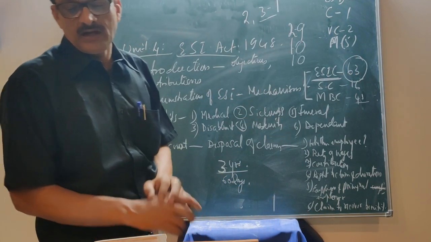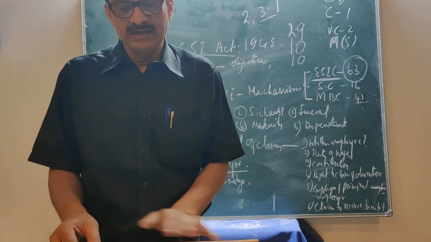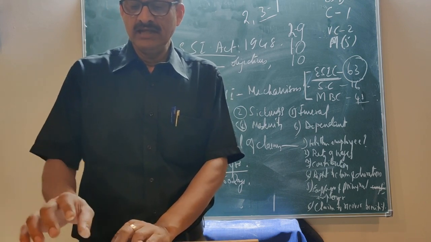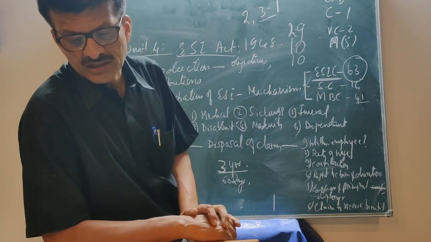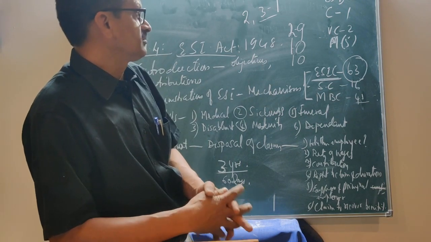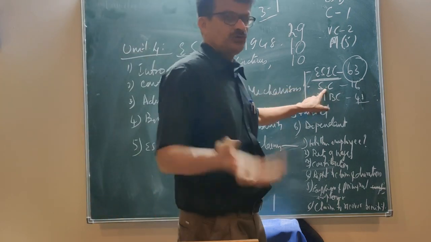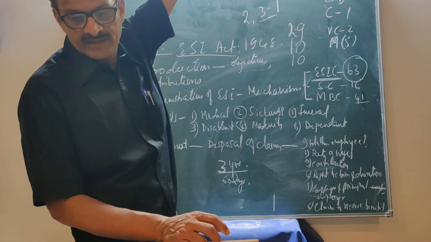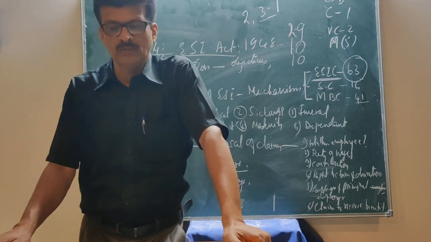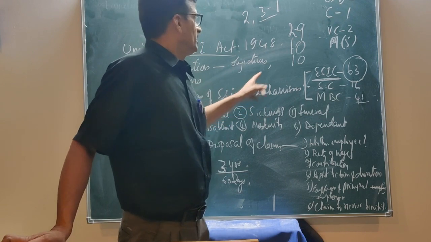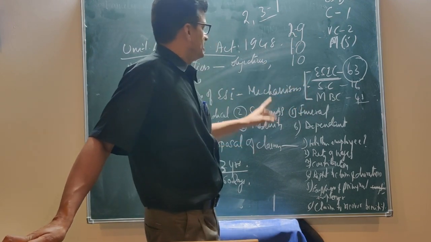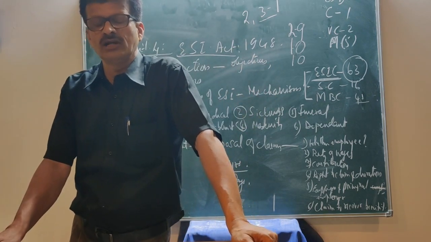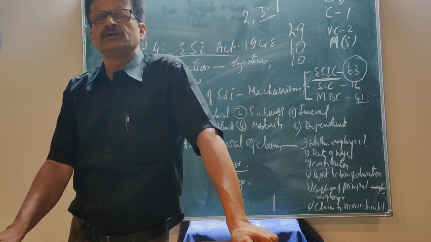And what is the standing committee composition, namely the chairman. The standing committee shall be constituted from amongst the members of the corporation, and its membership is allotted in the following manner. 1 chairman, then 3 members of the corporation, where I have mentioned 5 members are there, 2 members to be nominated by the central government.